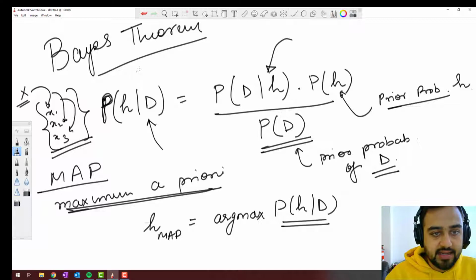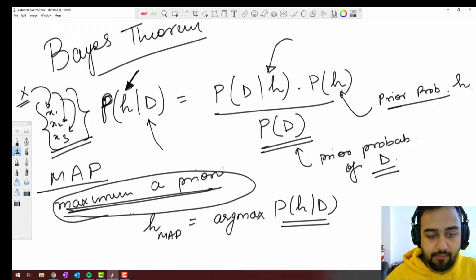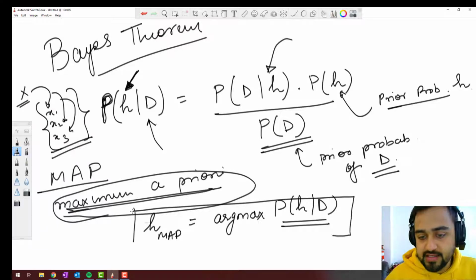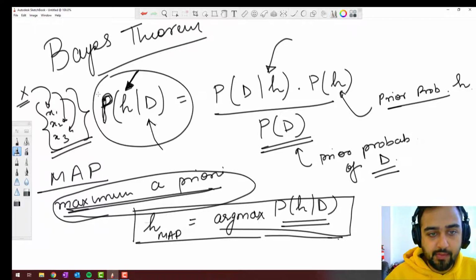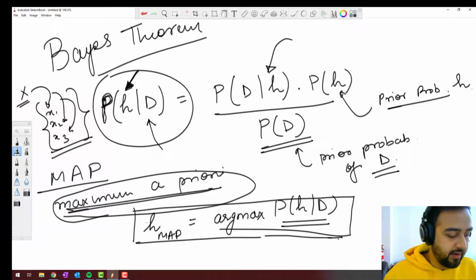So these H are basically the probable classes that are there. So we want to find the maximum a priori H_MAP, which is the maximum of all P(H given D), the probability of hypothesis given data.